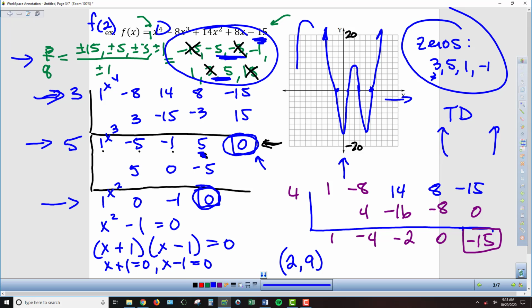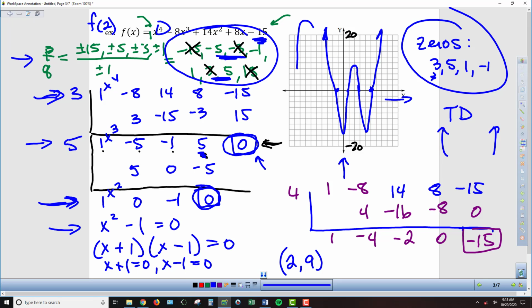We got 0 as a remainder. And then once we've got it knocked down to being a quadratic, so in the case of an x to the 4th polynomial, we've got to find 2 zeros via synthetic division. If it was x cubed, we would have only had to use synthetic division to find 1 zero, because once we get it knocked down to a quadratic, we can use our quadratic techniques to find the zeros.